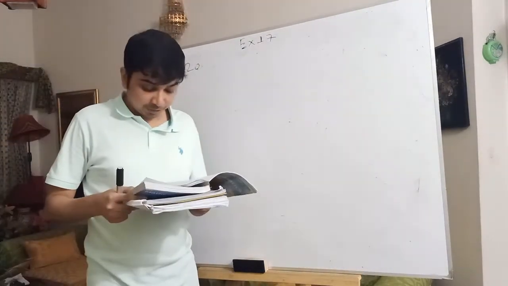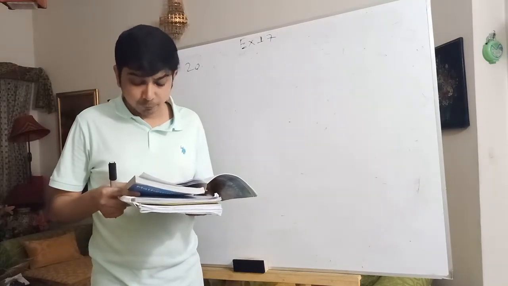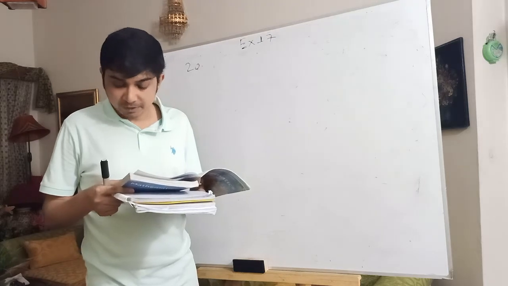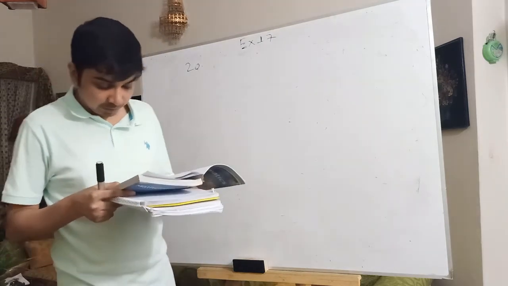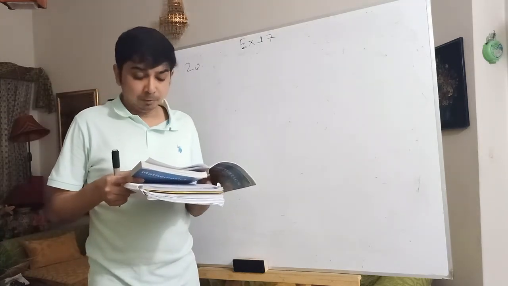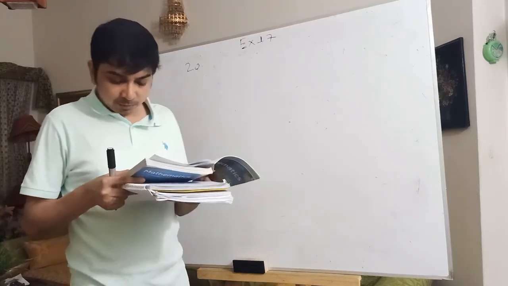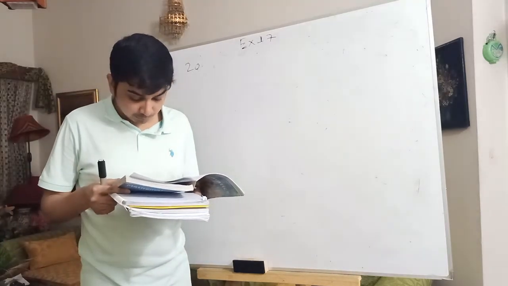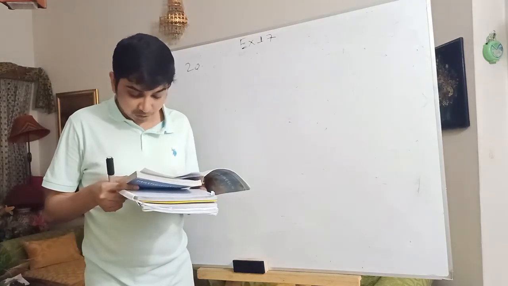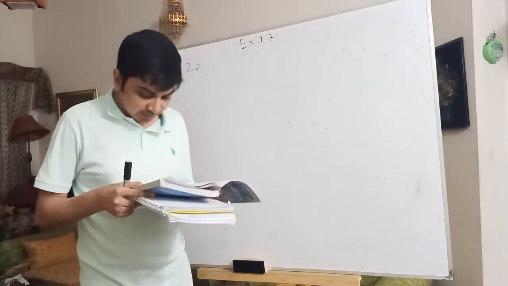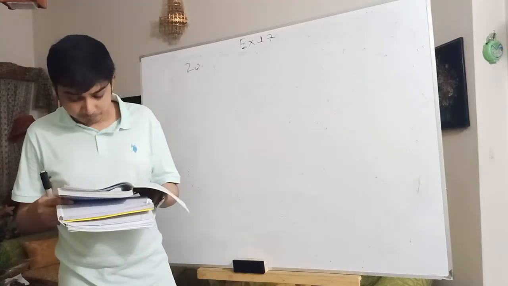So this is the question. A large drum, when full, contains 260 kg of oil of density 0.9 gram per centimeter cube. What mass of petrol of density 0.84 gram per centimeter cube can be obtained in the drum?